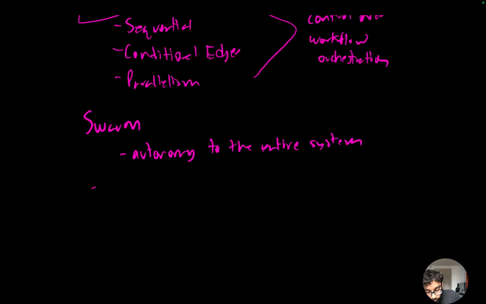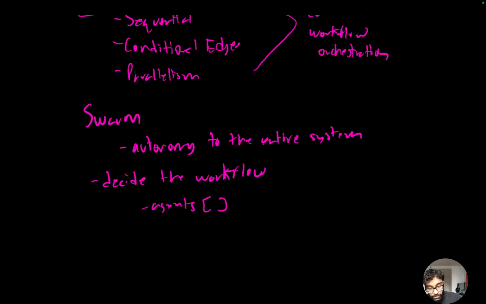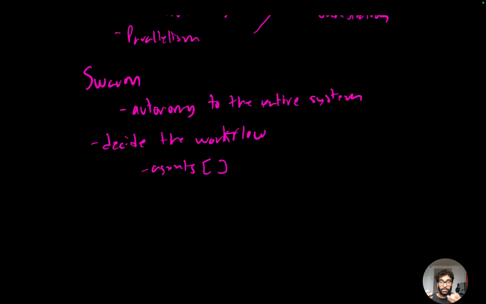What we're going to say is you decide the workflow. Here's a list or array of agents that we're going to pass in. Each agent will have its functionality, and depending on the instructions, use cases and capabilities of each of these agents, maybe the tools they have accessible to them, you decide what the right course of action or pathway to take is.